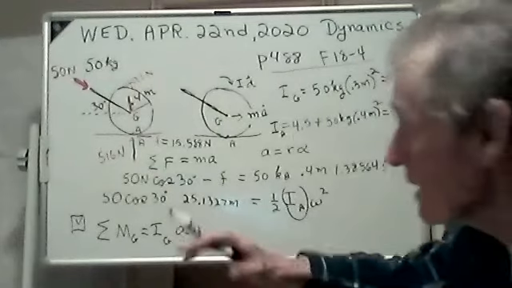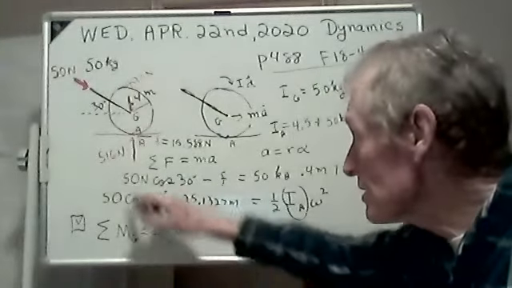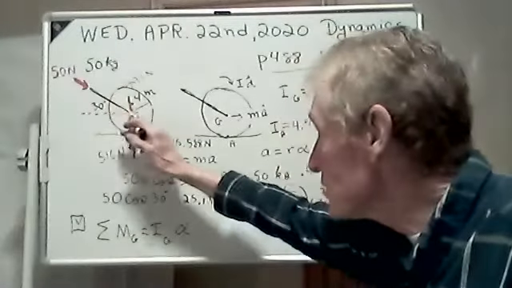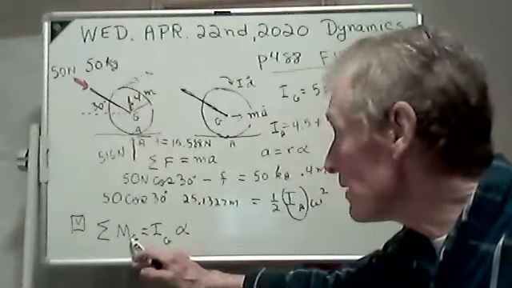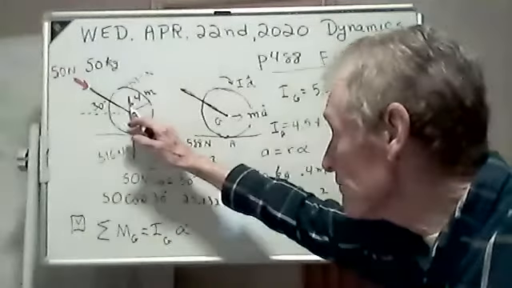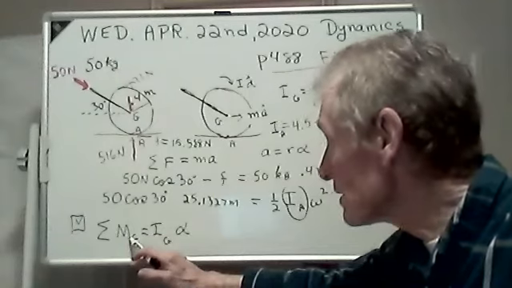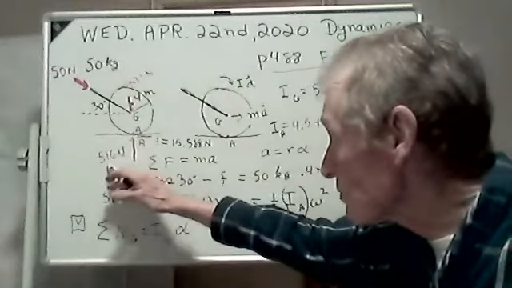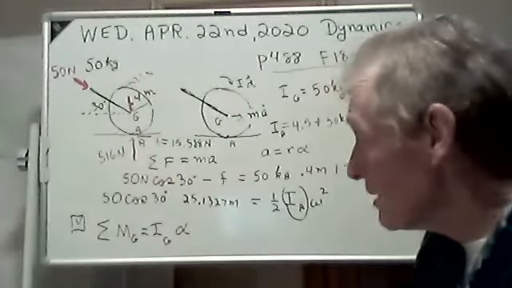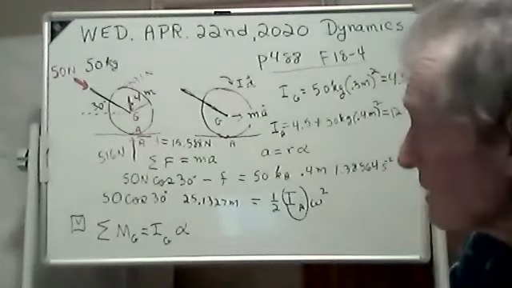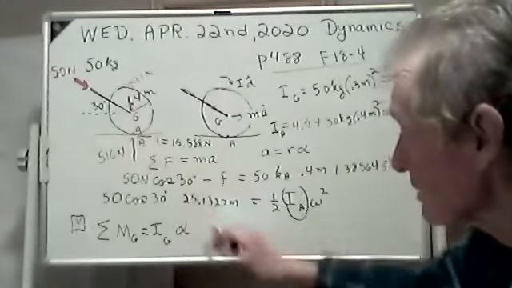Here goes. Now, the beauty of this is that force goes through G, so it doesn't give you a moment about G. There's only one force that goes through G, and that's this friction.